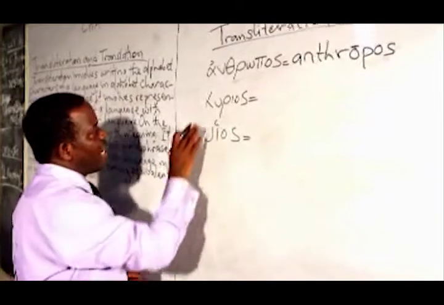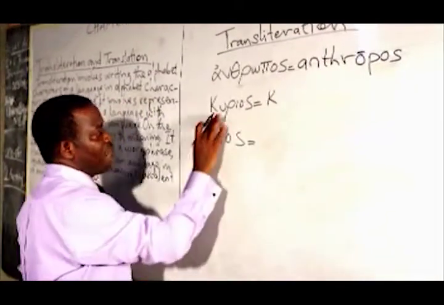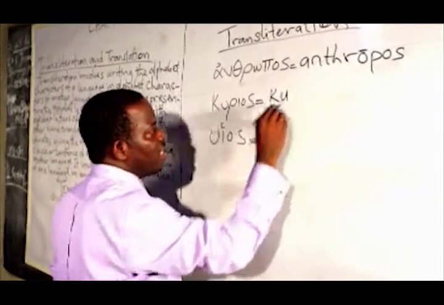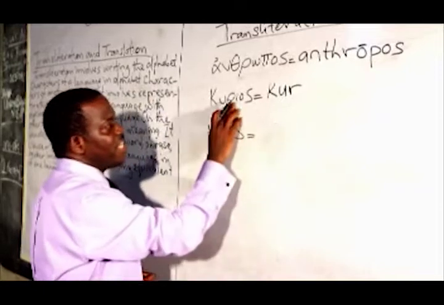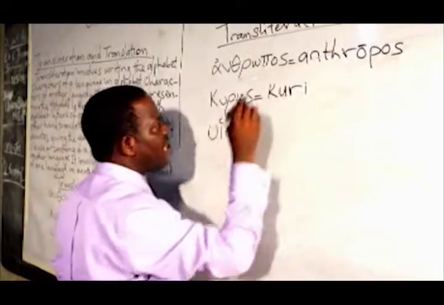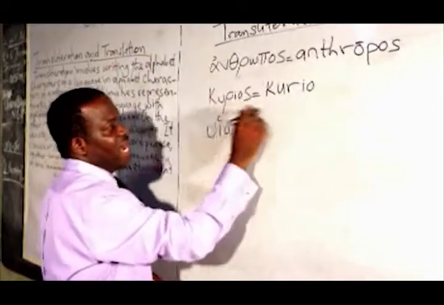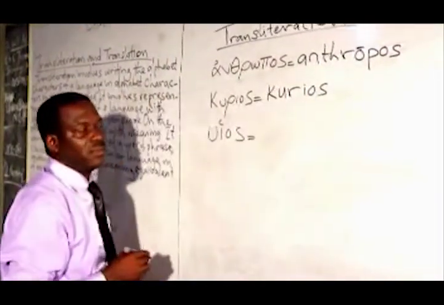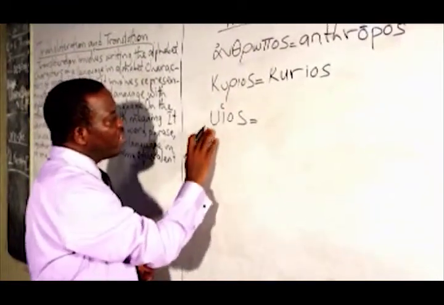The second word, we have kappa, which is K, equivalent to our English K. We have upsilon, equivalent to our English U. We have rho, equivalent to our English R. Iota, equivalent to our English I. Omicron, short O in English. Sigma, S. The last one, we have the rough breathing on the diphthong.